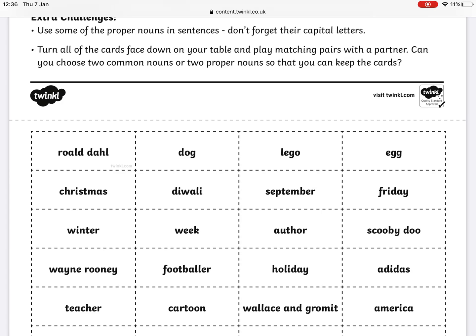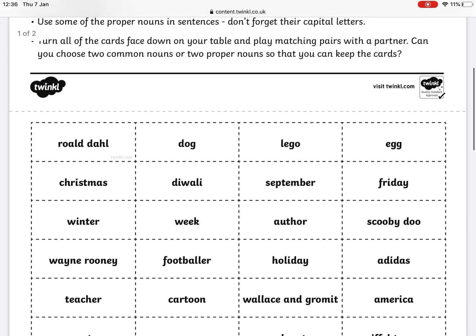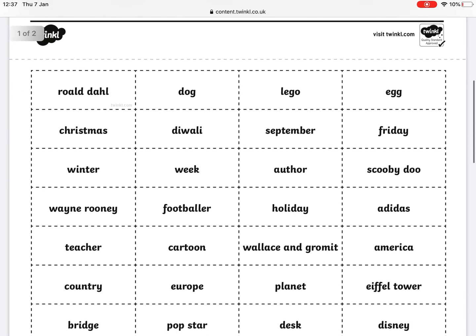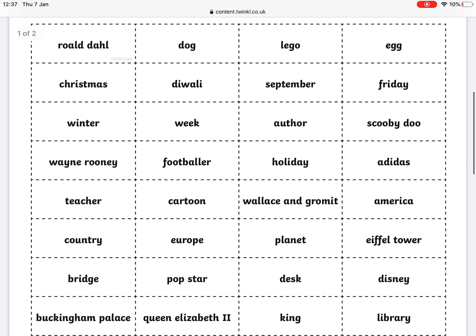Now, it's not a snap game, so you're not going to be looking for two Roald Dahls, but you might look for a Roald Dahl and match it up with, say, Lego, which would be another one that would get a capital letter. So that would be a pair that you could take out. Okay? So good luck with that, and I'll show the mild task next.